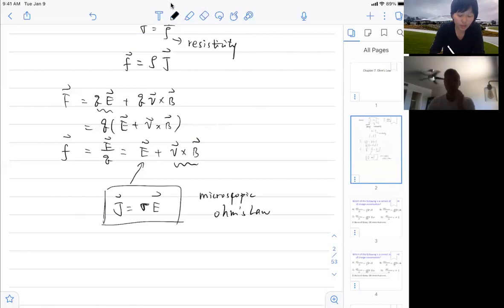This is talking about a force, right? This would generate a force per unit charge. And if you have a steady force and produce a steady current, in a sense, it's interesting.